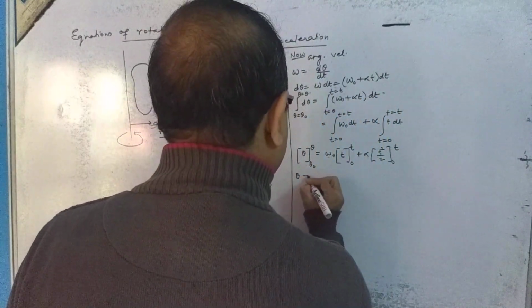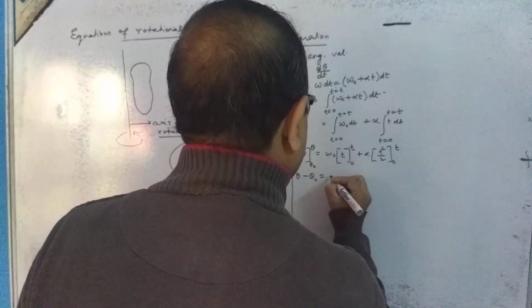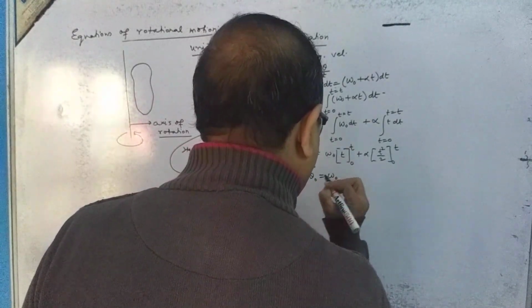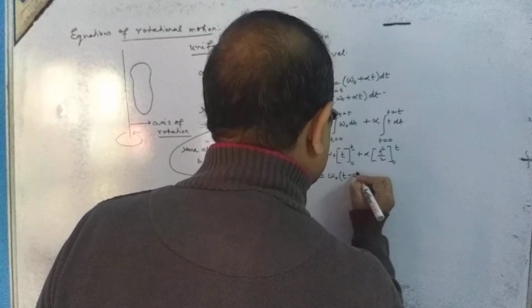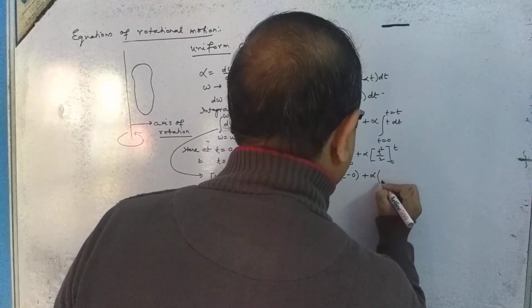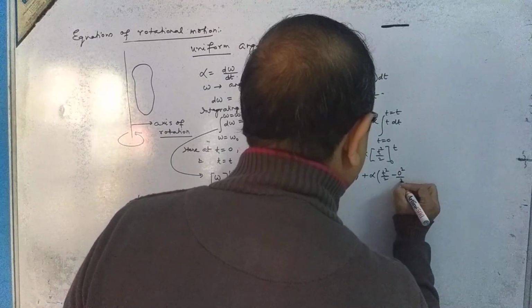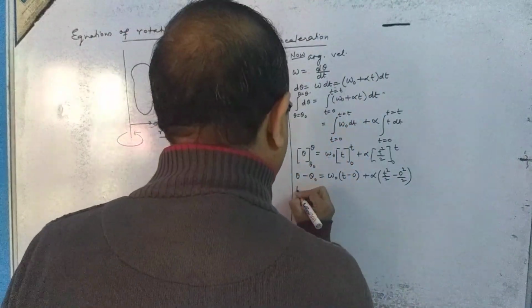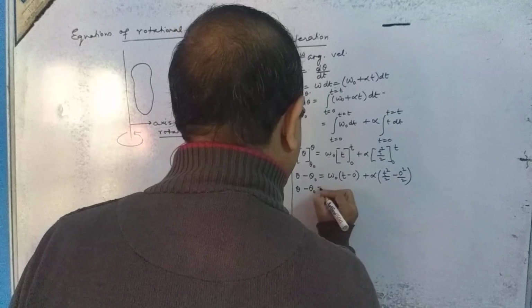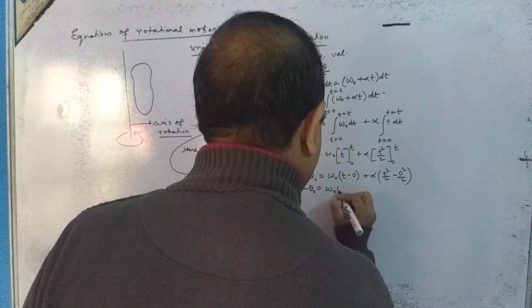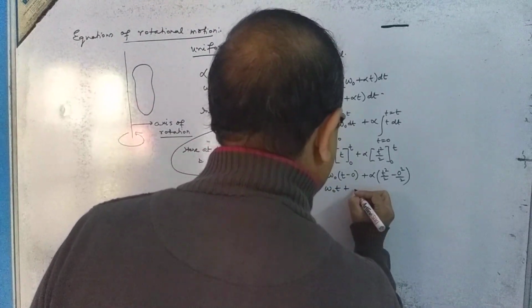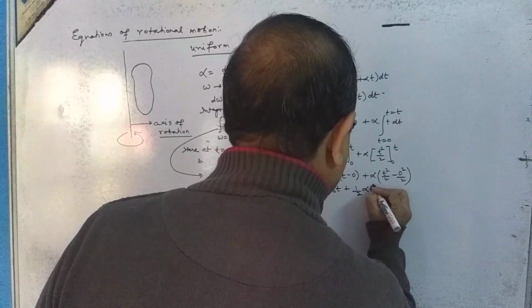So theta minus theta naught equals omega naught t minus 0, plus alpha t square by 2 minus 0 square by 2. The final expression: theta minus theta naught is equal to omega naught into t plus half alpha t square.